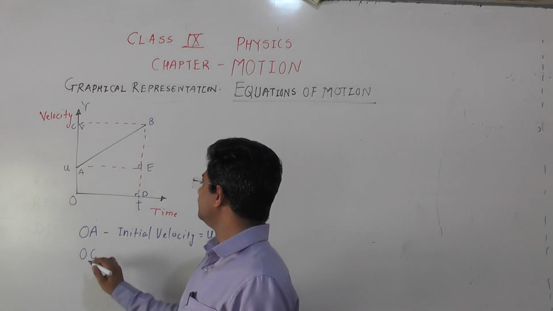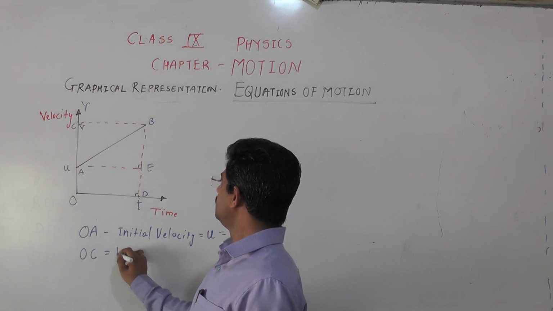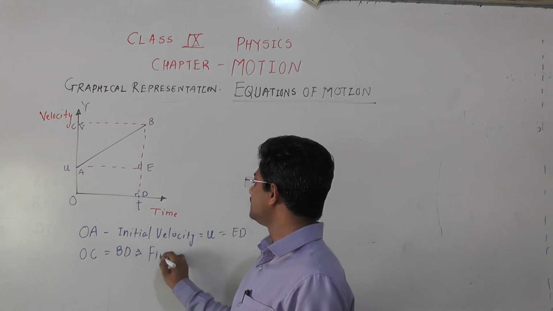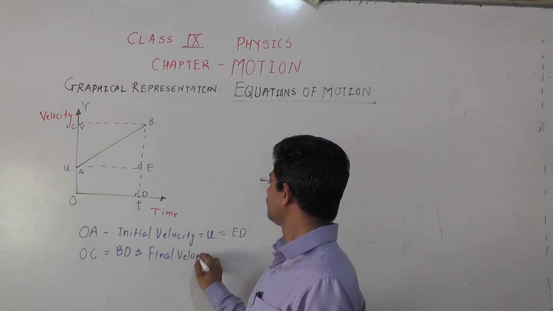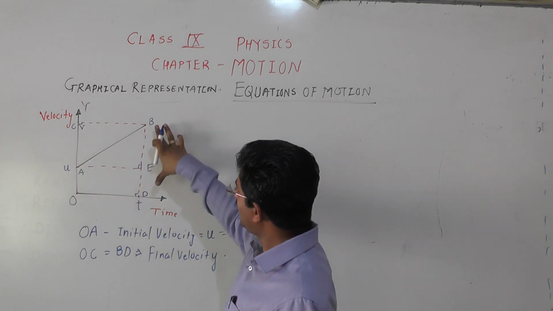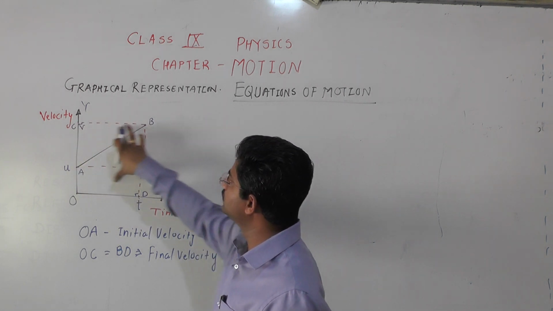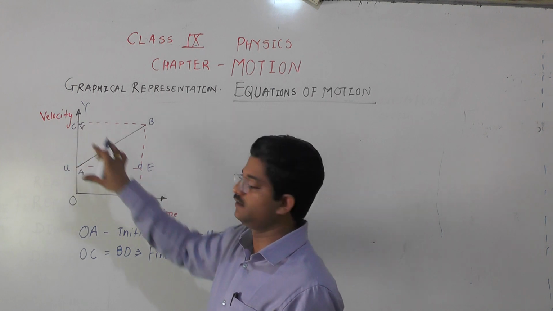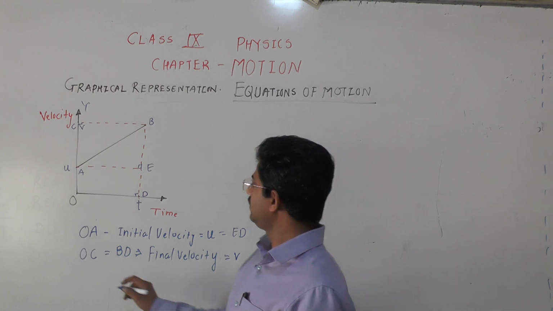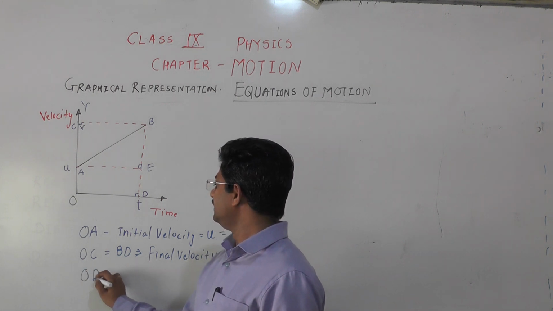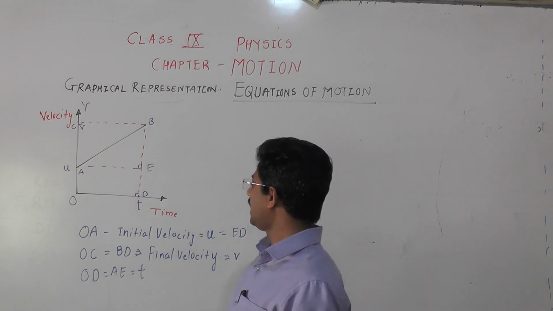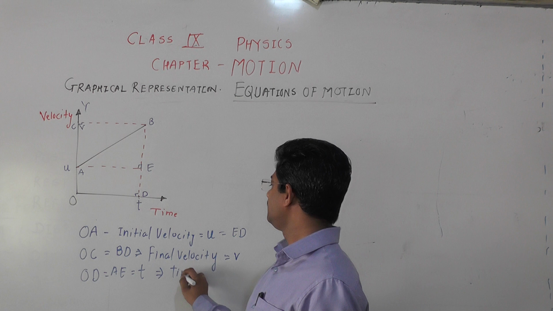Then OC, which is equivalent to BD, is giving the final velocity. u is initial velocity and this particular value on the y-axis is the final velocity, denoted by v. Then comes the time. OD, which is also equivalent to AE, is giving time t. This is time.